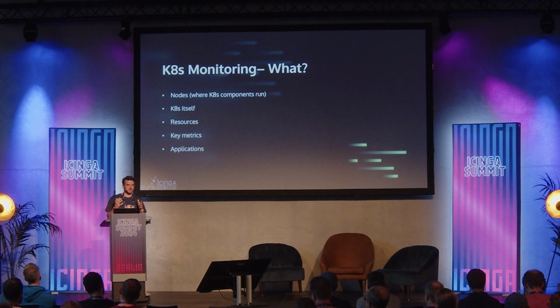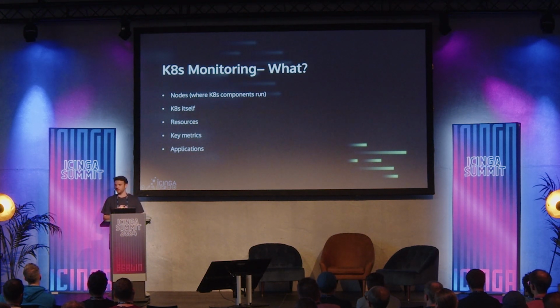And our first versions, I would say, will focus on the first four things and not on the applications. So we will have monitoring for Kubernetes itself and the nodes it runs on. So when something fails, we will see that in Icinga, but we will not have something out of the box in the near future which will monitor applications.